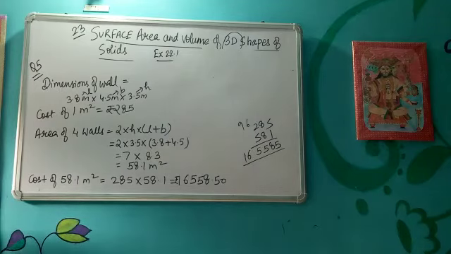So this is the cost of 58.1 meter square.